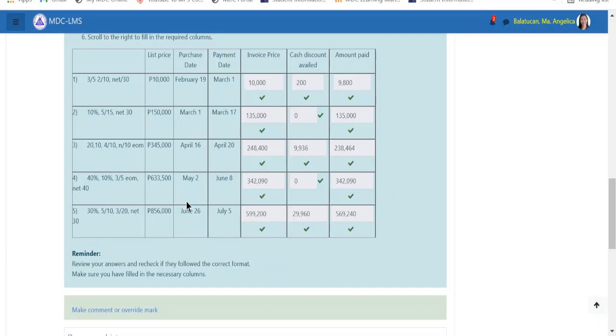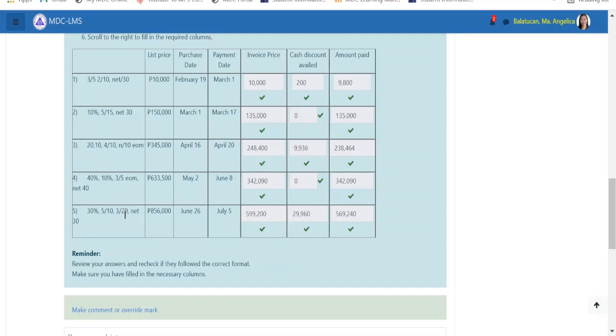So let's check. We have June 26 plus 10. So that would be 26 plus 10 is 36 minus 30 days in June. That's 6. So that would be July 6.